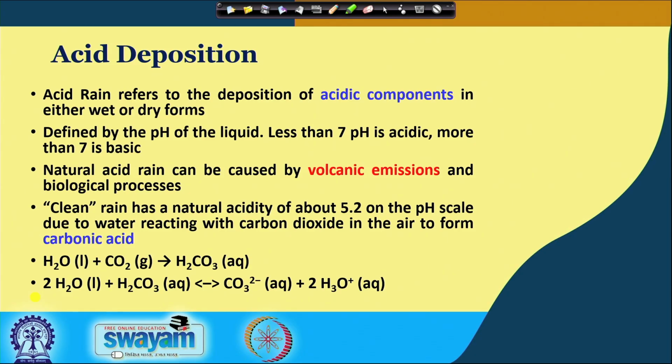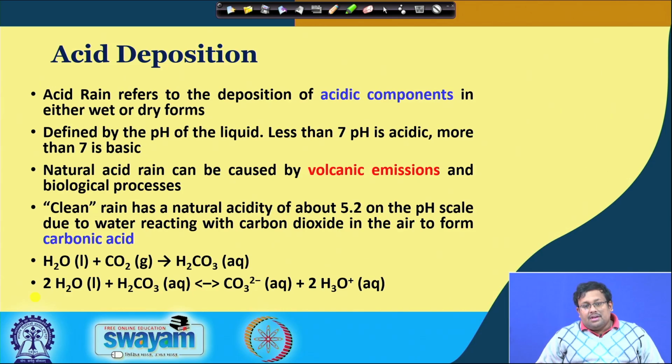Clean rain has a natural acidity of about 5.2 on the pH scale, because when water reacts with the carbon dioxide in the atmosphere, it produces carbonic acid, which is one of the mild acids, and as a result the pH goes down to 5.2.